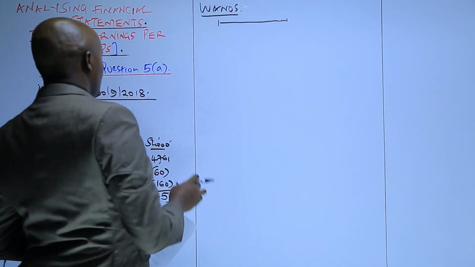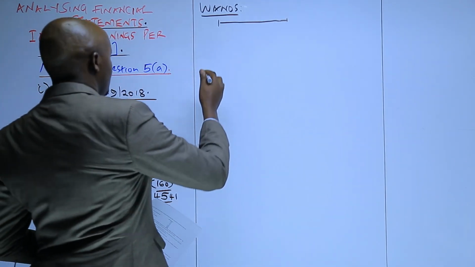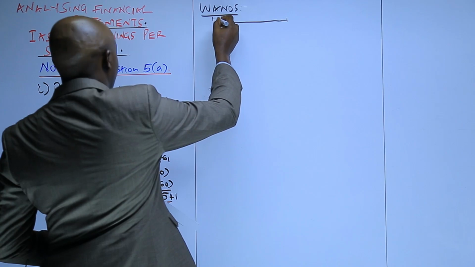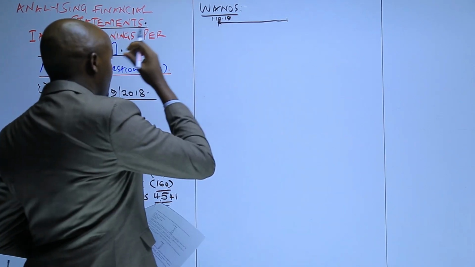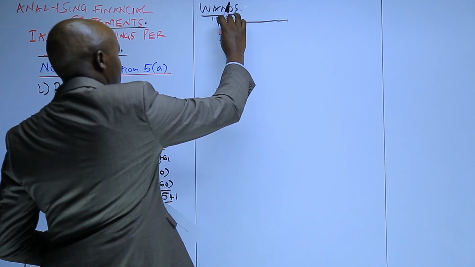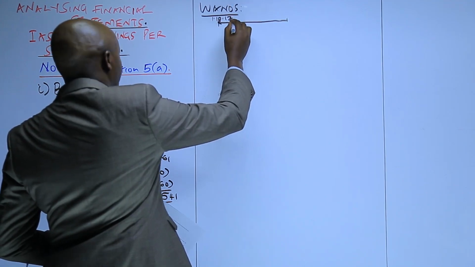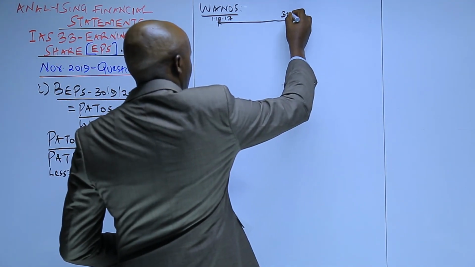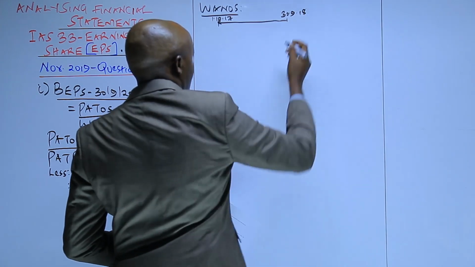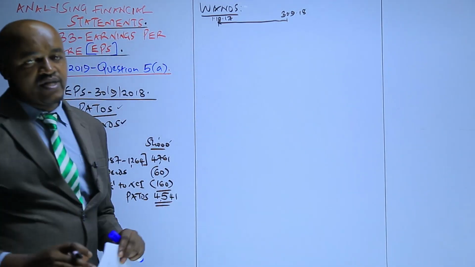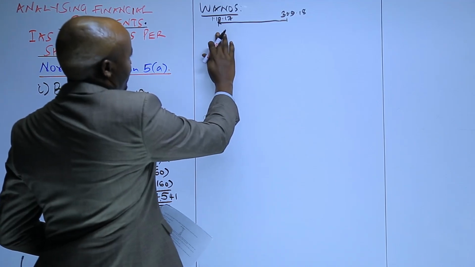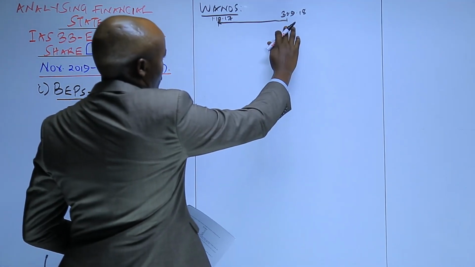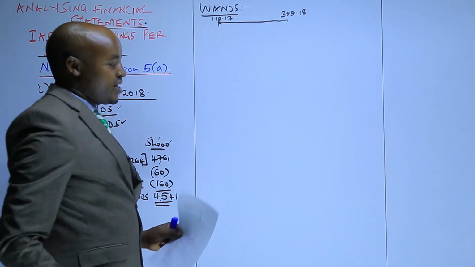This particular year was ending 30th September 2018, so the year started on 1st October 2017, and ended 30th of September 2018. So therefore, to compute the weighted average number of ordinary shares, we take the shares issued at the start of the year, and then we add the other shares which were issued during that particular year.